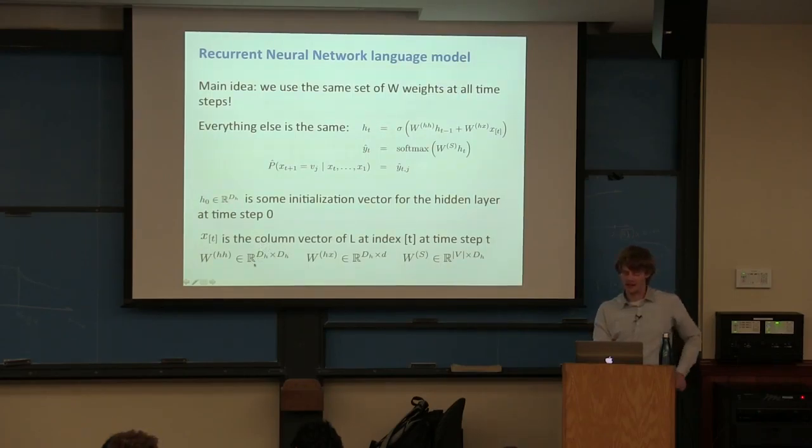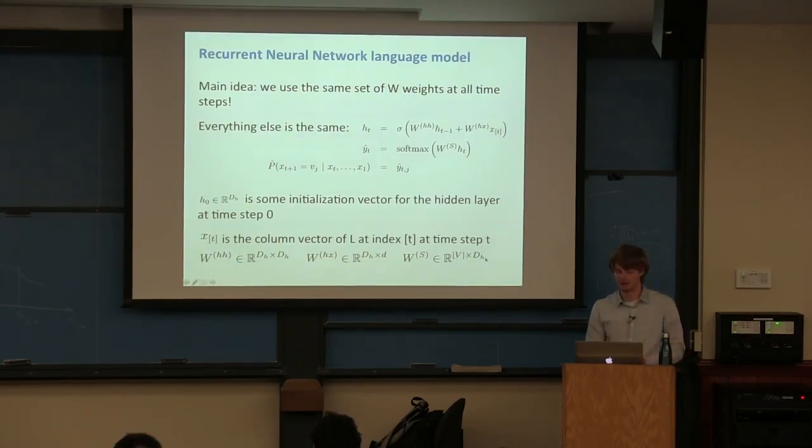We'll say the hidden layer has dh many units. And so our hidden-to-hidden W matrix is a dh by dh matrix, and the input matrix is dh by d, where d is the dimensionality of our word vectors. And S is, again, in the case of language modeling, needs to predict for every single word a probability. So it's the size of our vocabulary times the hidden vector.